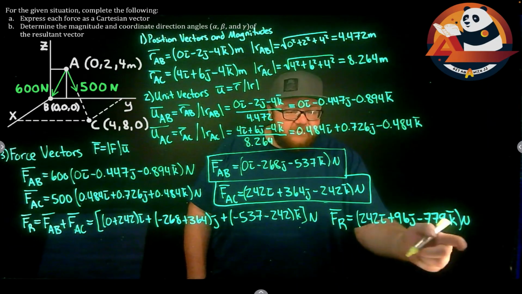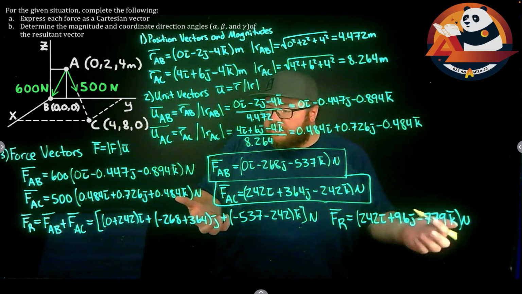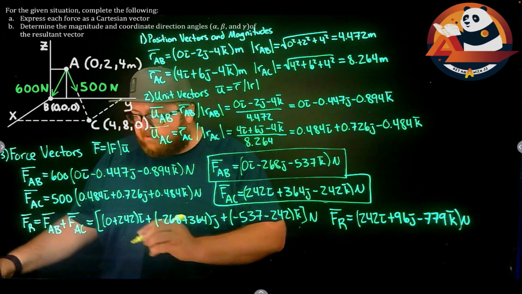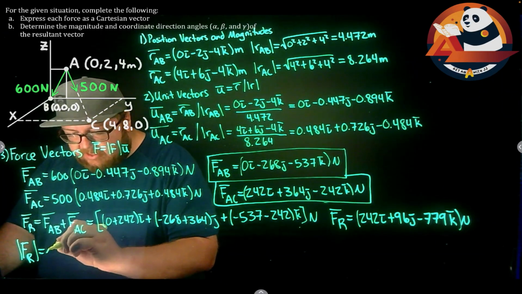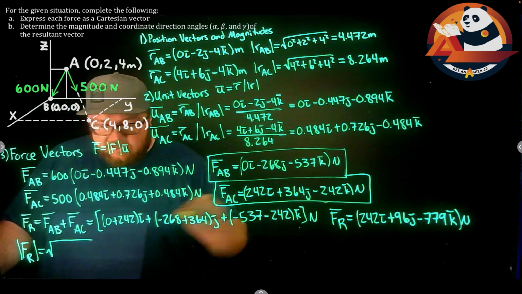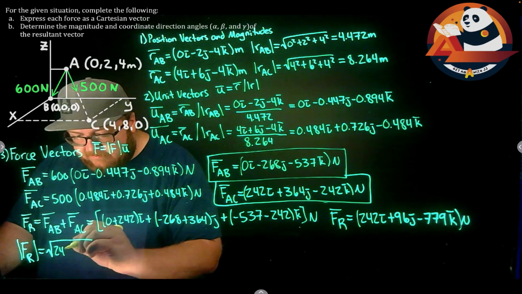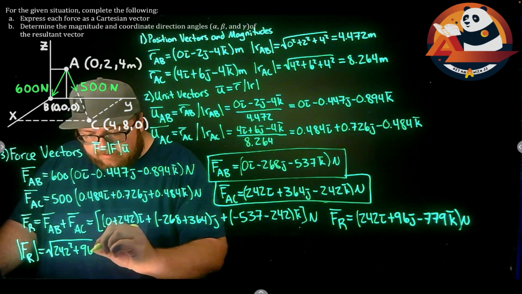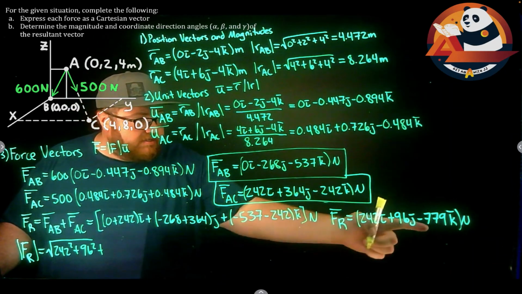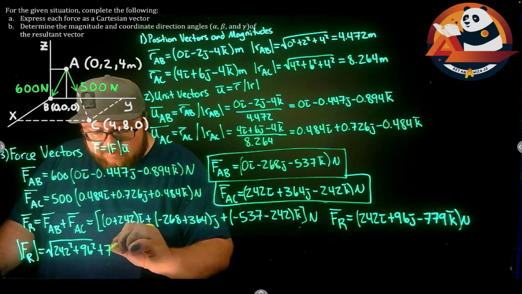If I know that as a vector, I can get its magnitude. I'm just using a 3D Pythagorean theorem: my resultant FR as a vector should be the square root of 242 squared plus 96 squared plus 779 squared.